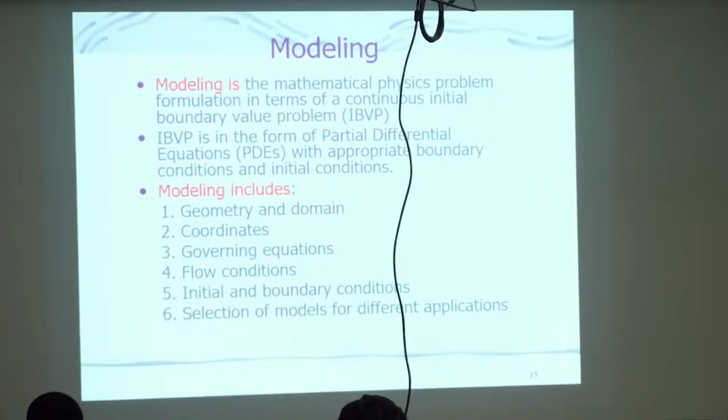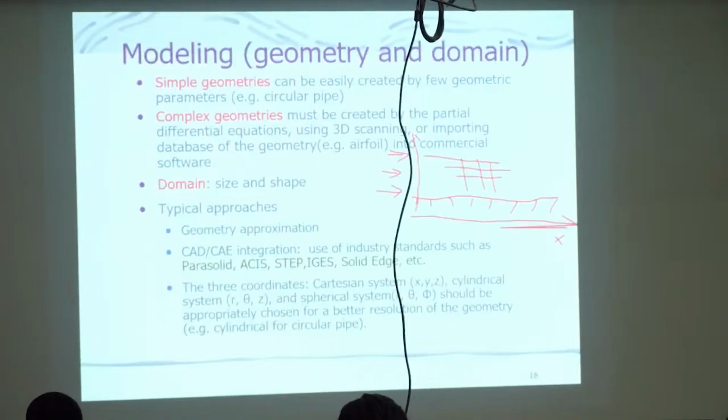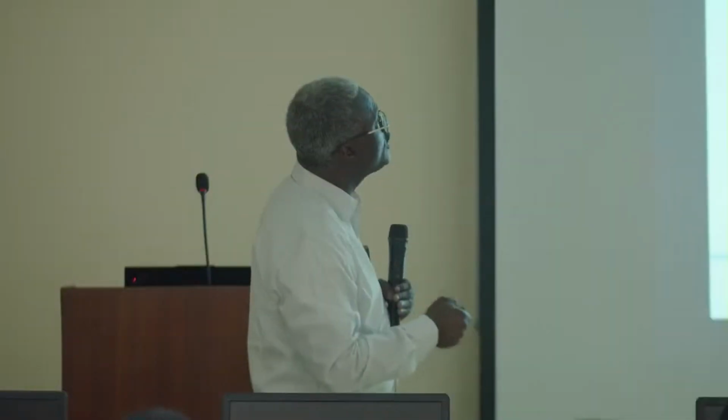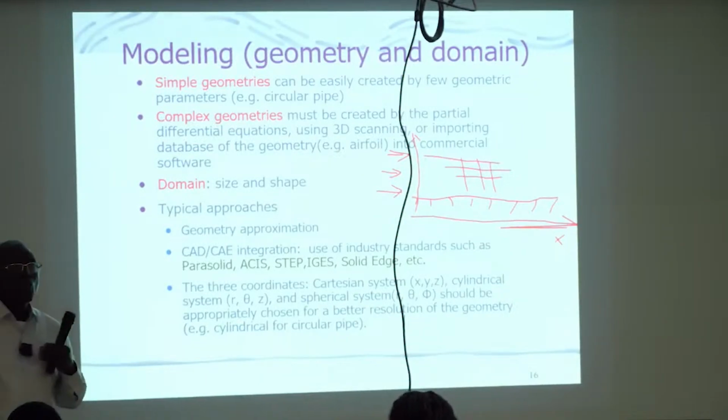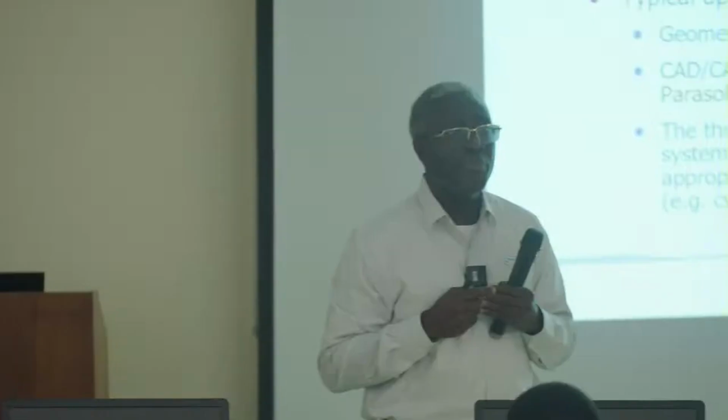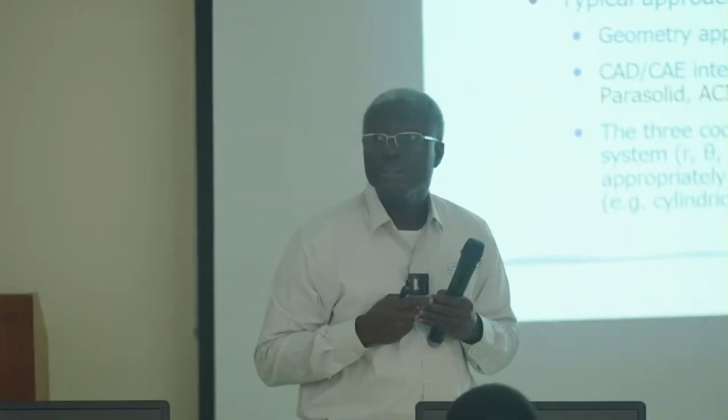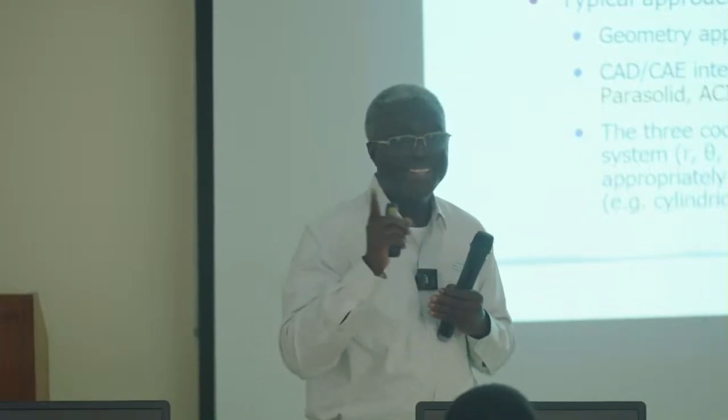Let's look further into the geometry and the domain. Simple geometries can easily be created by a few geometric parameters. For example, if you are analyzing flow in a pipe, what coordinate system do you think you have to solve the problem in? Cylindrical, right?